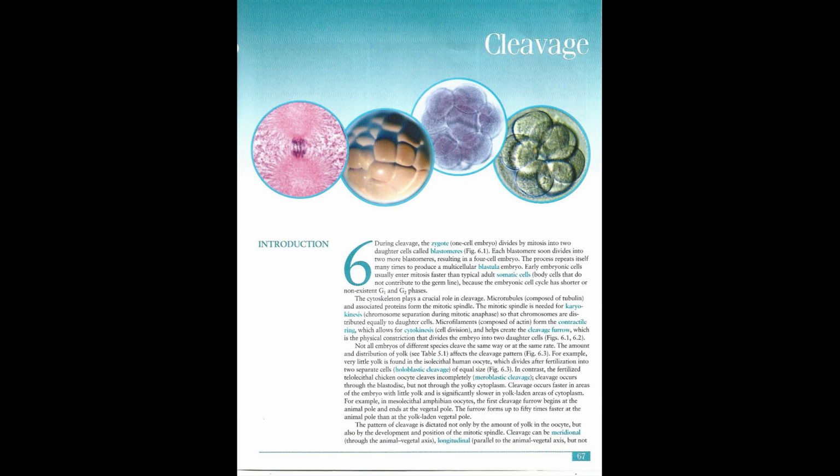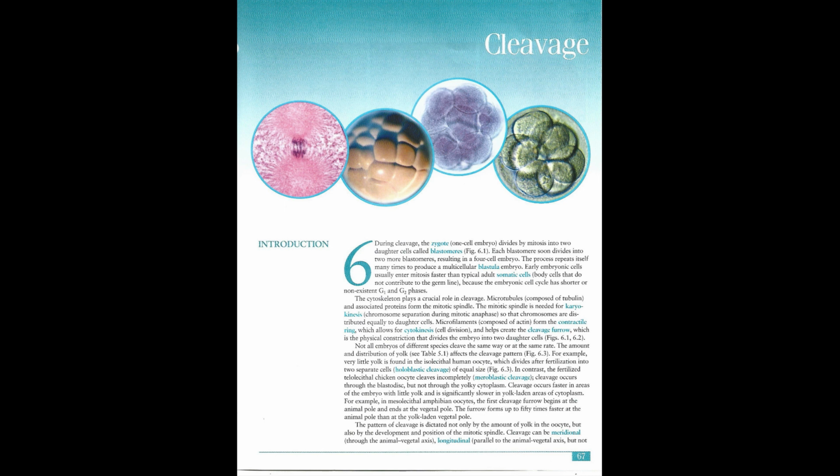Early embryonic cells usually enter mitosis faster than typical adult somatic cells, body cells that do not contribute to the germ line, because the embryonic cell cycle has shorter or non-existent G1 and G2 phases. The cytoskeleton plays a crucial role in cleavage. Microtubules, composed of tubulin, and associated proteins form the mitotic spindle.